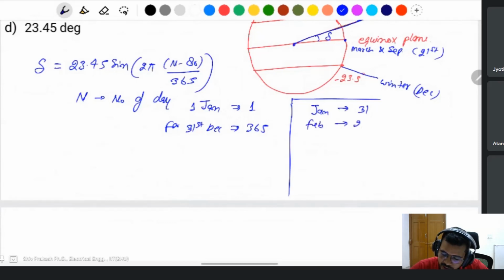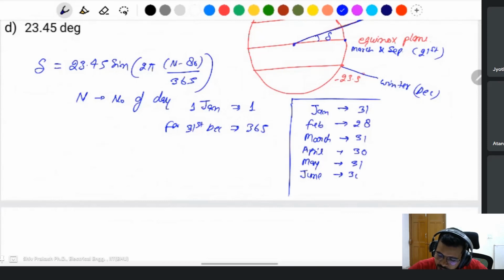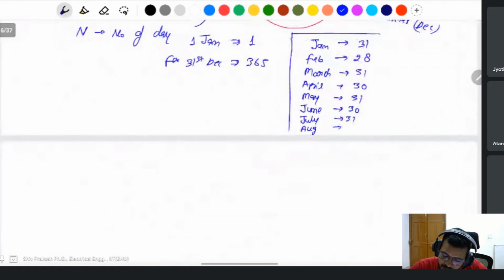February is 28, March is 31, April is 30, May 31, June will be 30, July will be 31, and August is given as the 30th, so it will be 30.